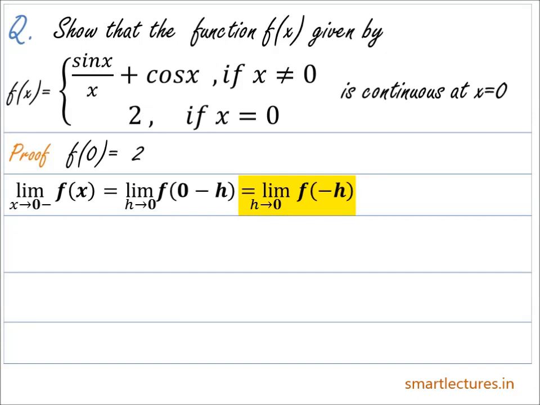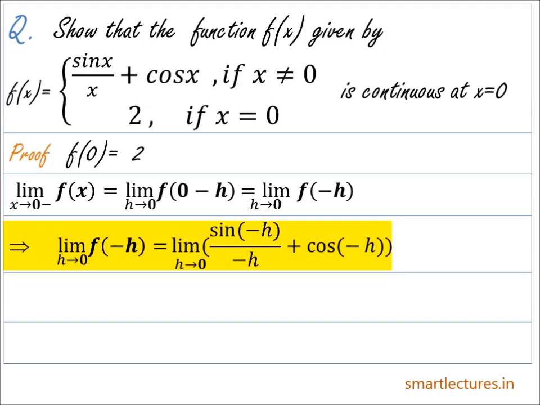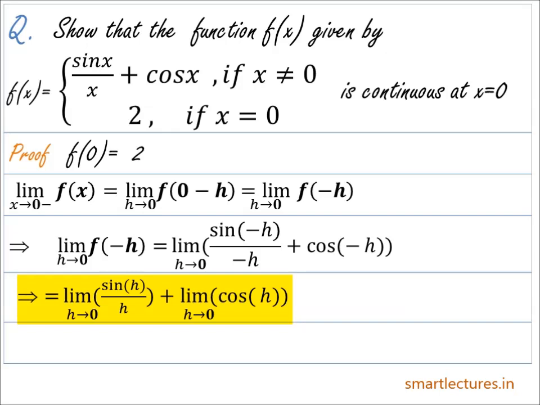And as per the definition of the function, f of minus h is equal to sine of minus h upon minus h plus cos of minus h. So the limit becomes limit h approaches 0 sine of minus h upon minus h plus cosine of minus h, and which is equal to limit h approaches 0 sine of h upon h plus limit h approaches 0 cos of h.